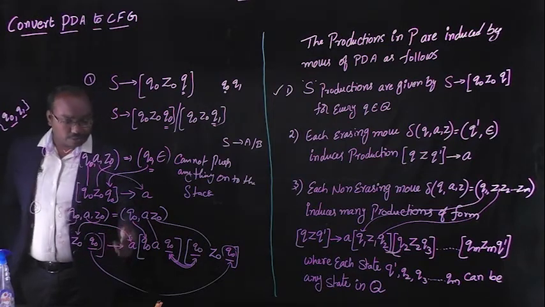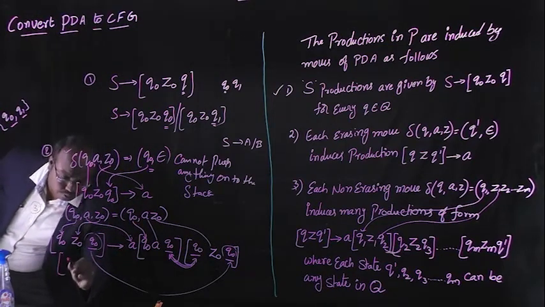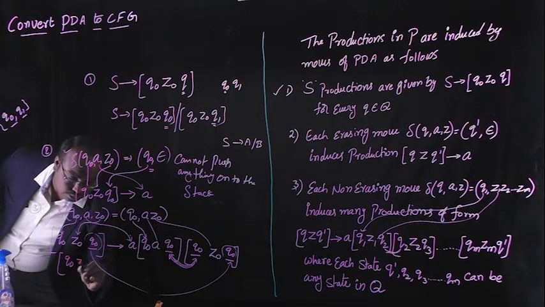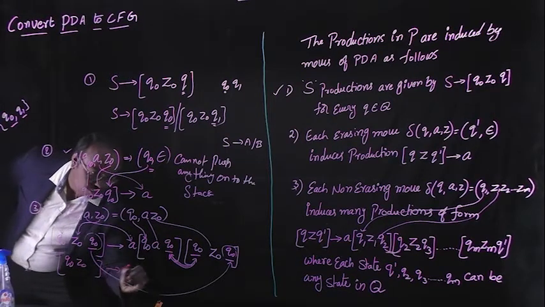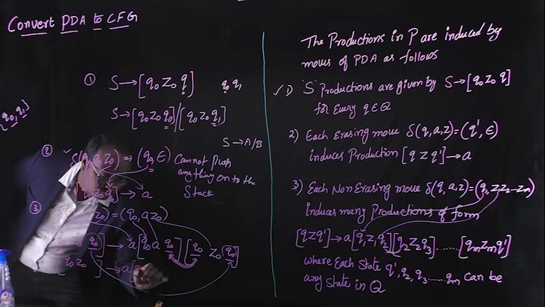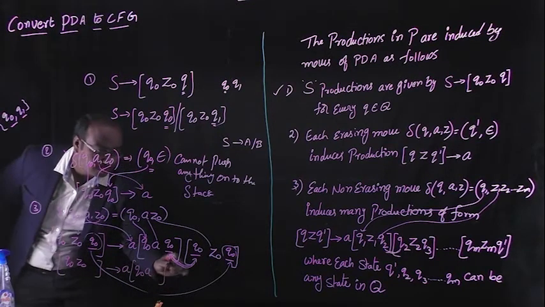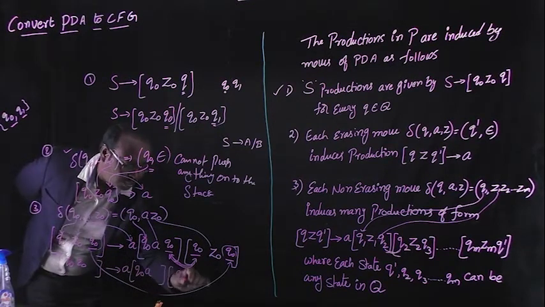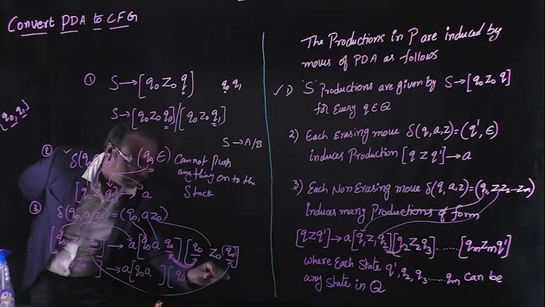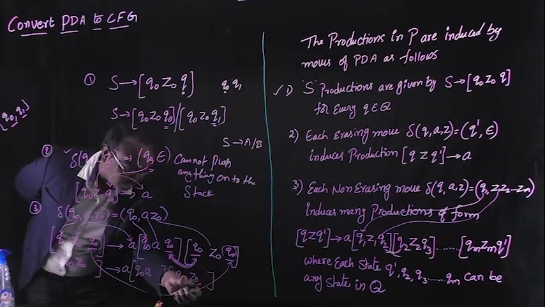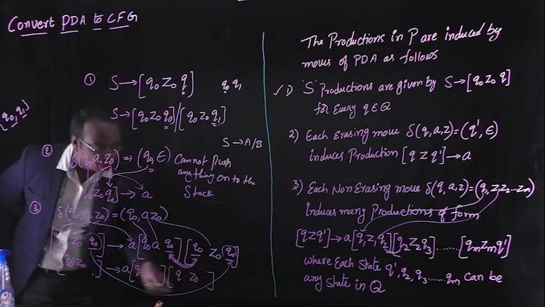So what are the possibilities of writing the different production rules? Here q0 Z naught tends to A into q naught A and q naught Z naught, sorry, q naught. So this is the place.